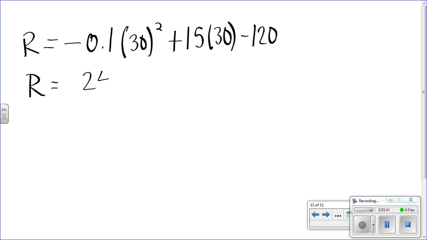So am I making $240? That's my revenue in what? Tens of thousands. Okay? So to actually be the revenue, how many zeros do I need to add to that? 3 zeros? 2 zeros? 4 zeros?